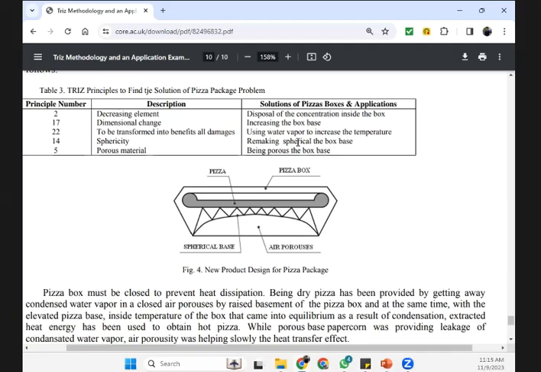Sorry? Waste management. Waste management. So do you put into development study the waste management? No.